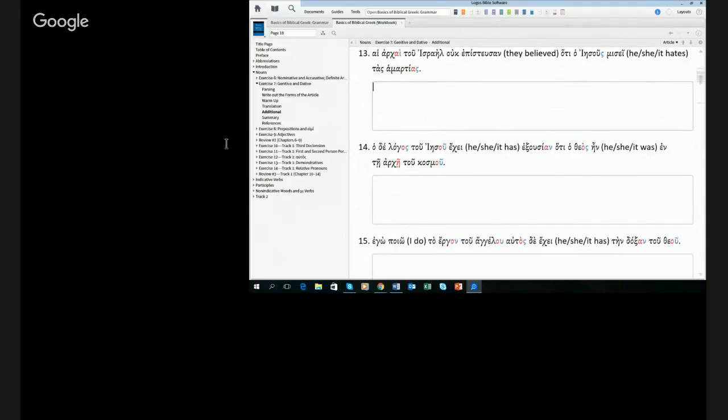Hai archai to Israel. Remember, arche can mean beginning or ruler. Usually when it's plural, it's going to mean rulers, because beginnings is not a logical concept for the most part. Beginning is normally singular. There's one beginning of something. Hai archai to Israel. This is feminine.